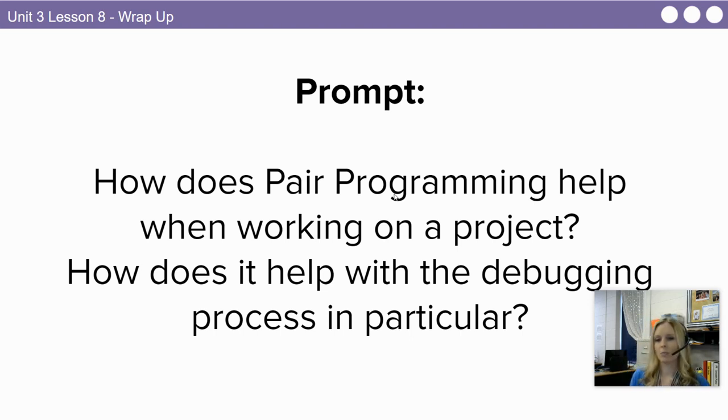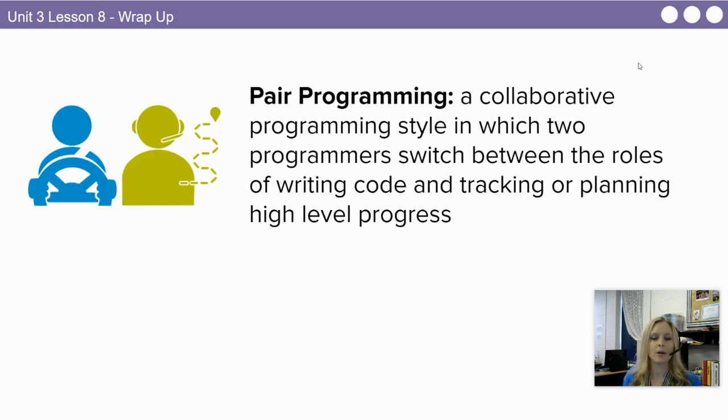So one person may have a more creative way of looking at something, someone else may be better at thinking more structurally. And those are all reasons why it's great to work with a partner in pair programming. And pair programming, just to give you a definition, is a collaborative programming style in which two programmers switch between the roles of writing code and tracking or planning high level progress.